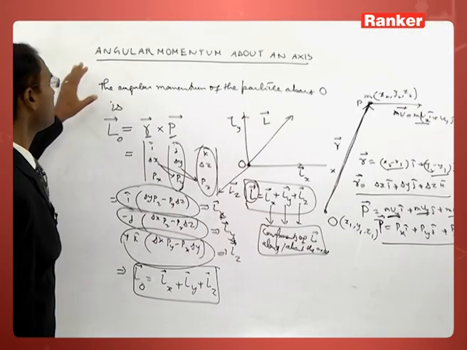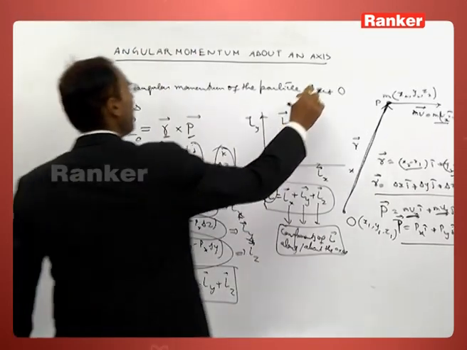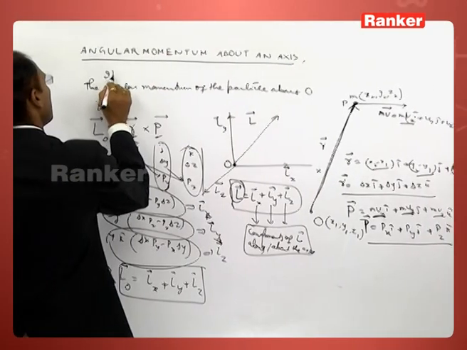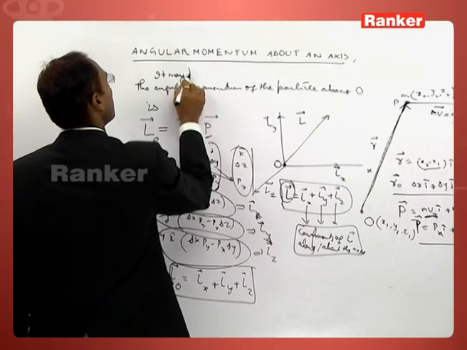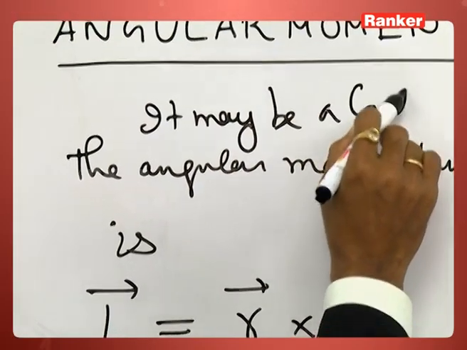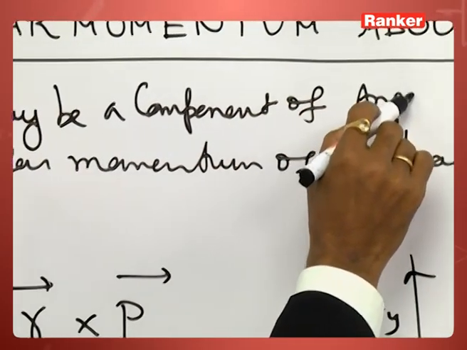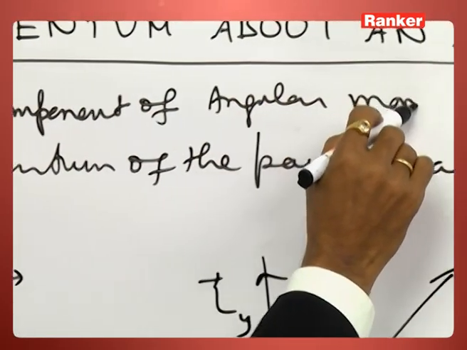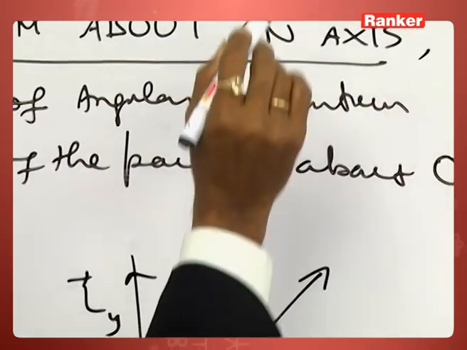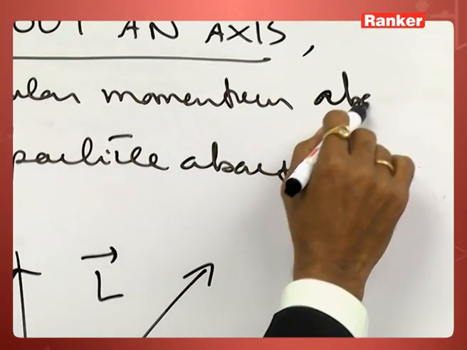So, angular momentum about an axis may be a component of angular momentum about a point.